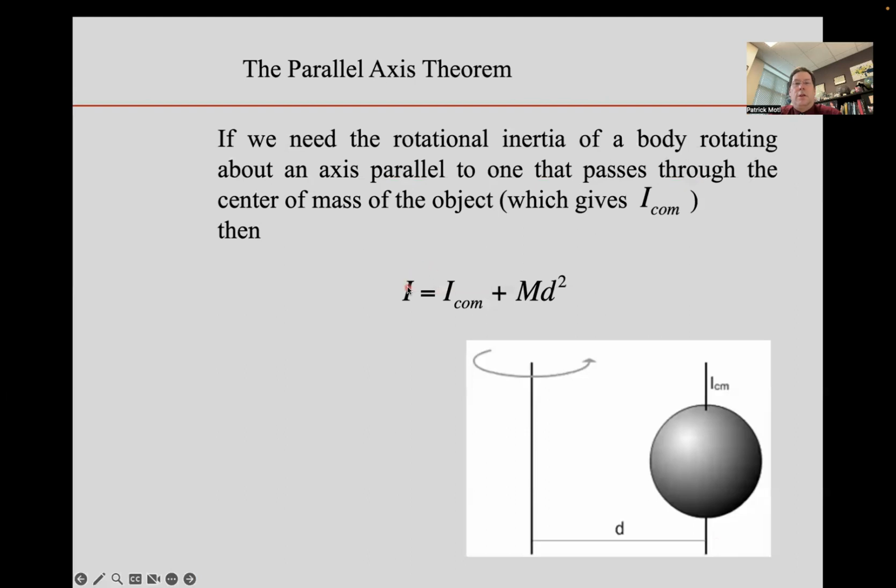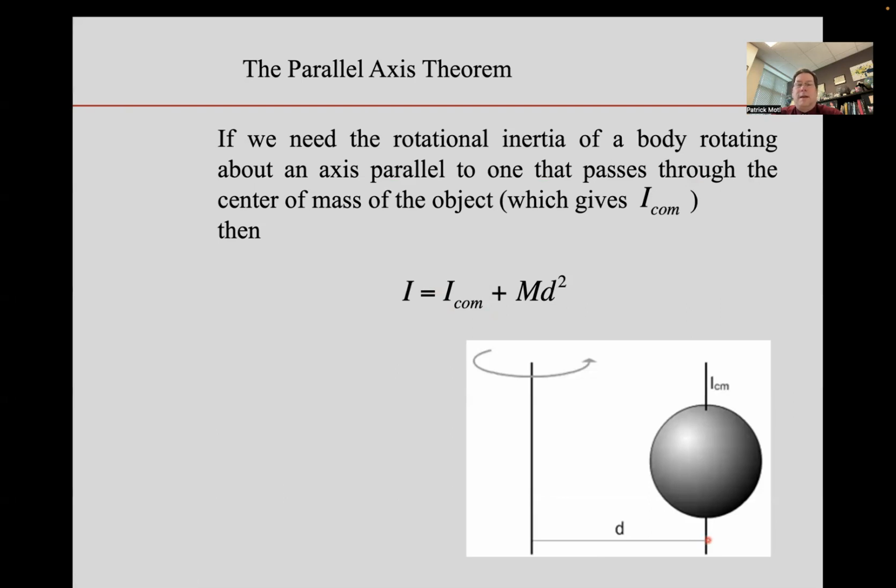Its rotational inertia about this axis is going to be its rotational inertia about the axis passing through its center of mass plus the total mass of the object times the distance away from the rotation axis squared.